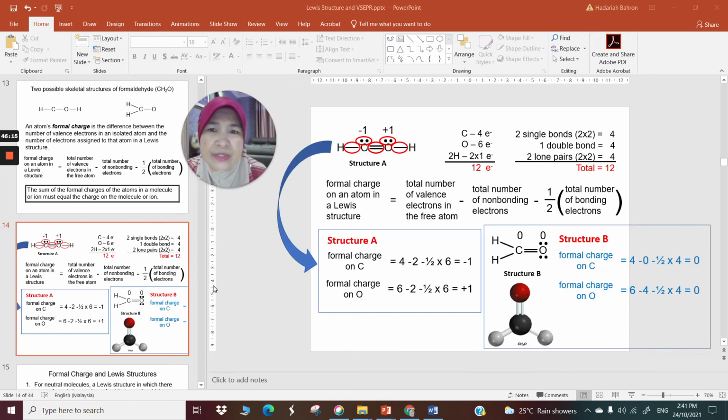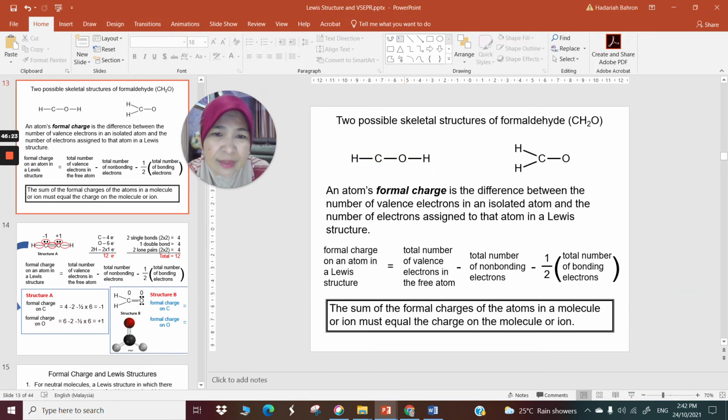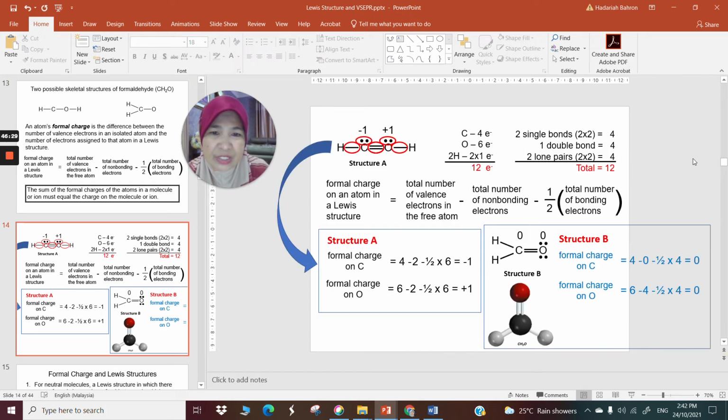To determine which one of the two structures of formaldehyde, either this linear structure or this branched structure, you need to determine the formal charges. So let's go through the calculation of formal charges together.